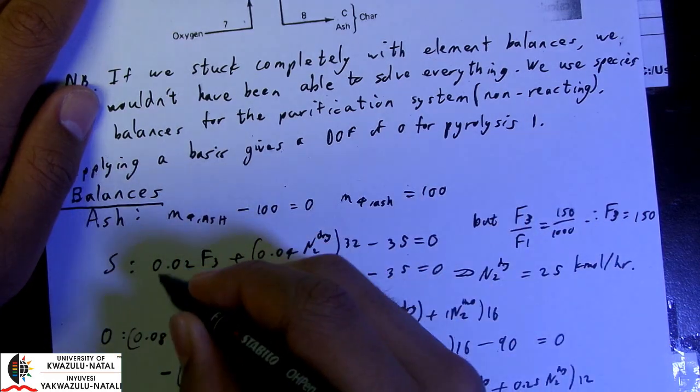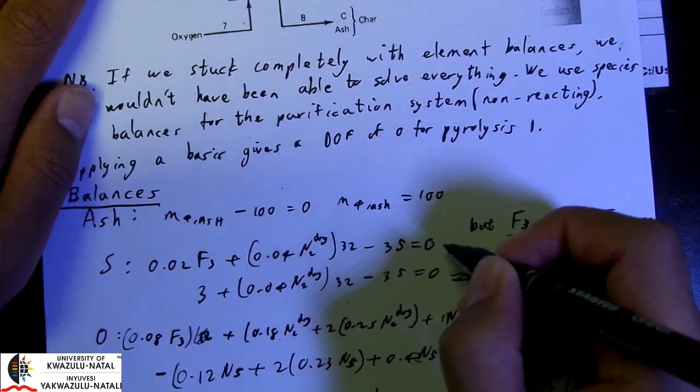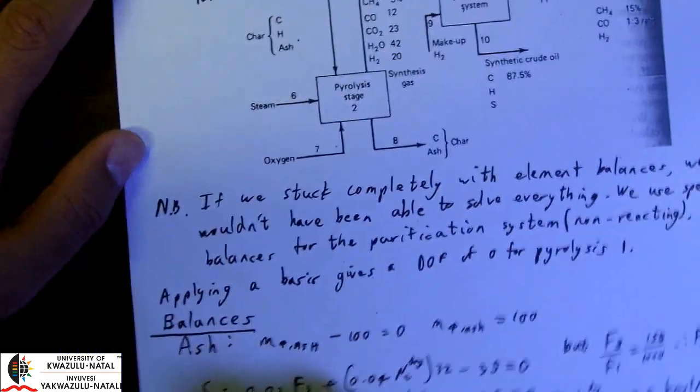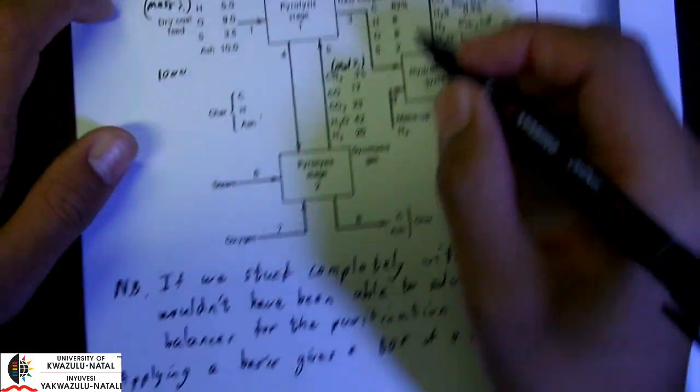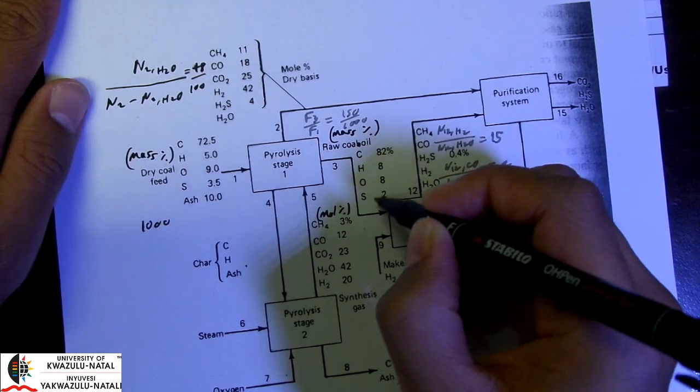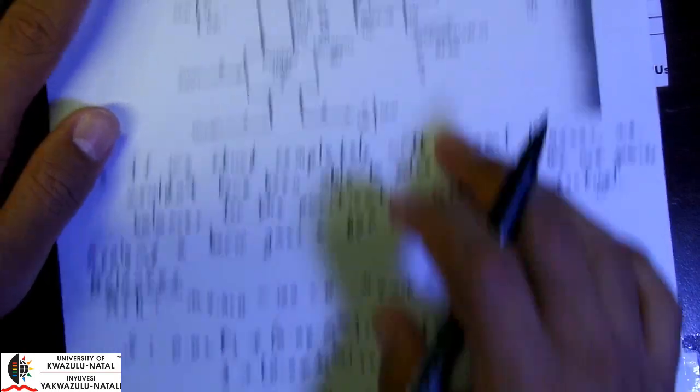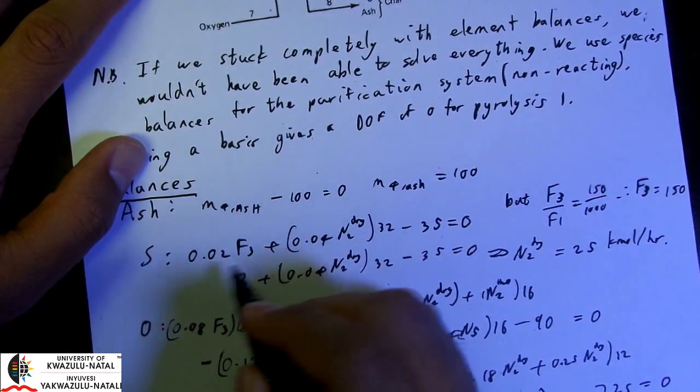Okay, so that's my output minus my input, and that's equal to 0. And let's look at my output. So we have an output in stream 3. So that's the sulfur there, 2% of stream 3 in mass terms.